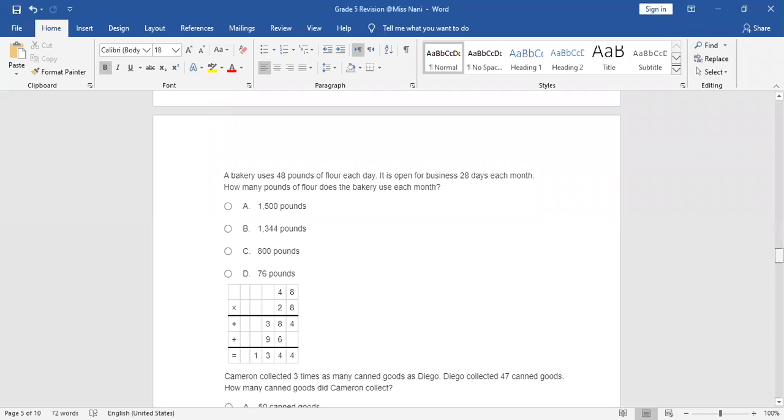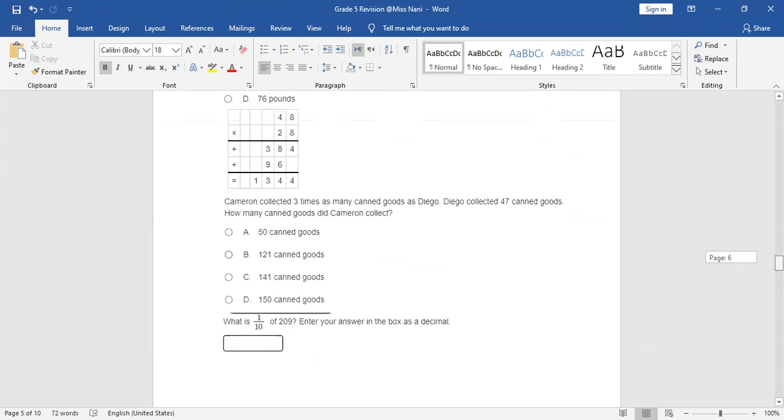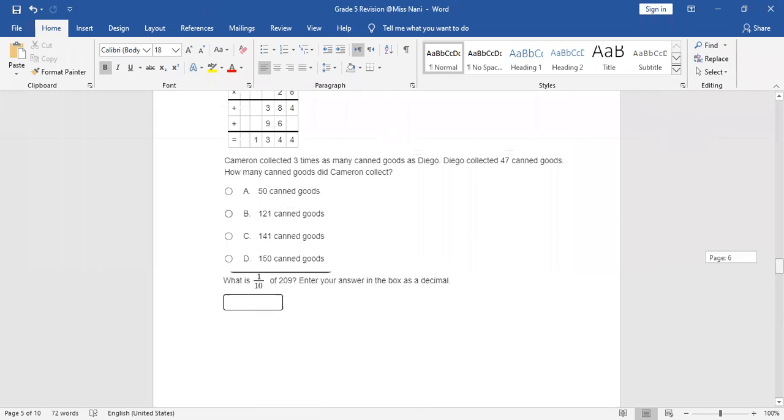Let's go back to our revision. Cameron collected 3 times as many canned goods as Diego. Diego collected 47 canned goods. How many canned goods did Cameron collect?